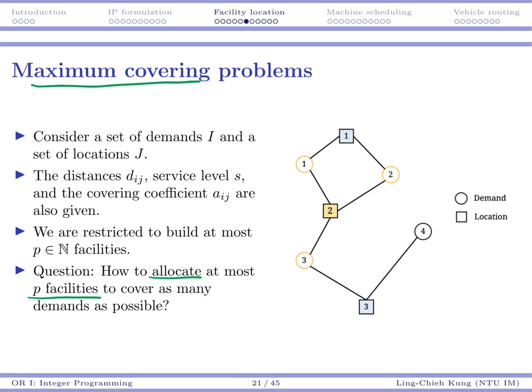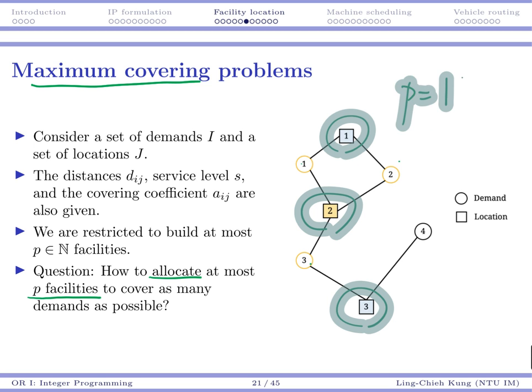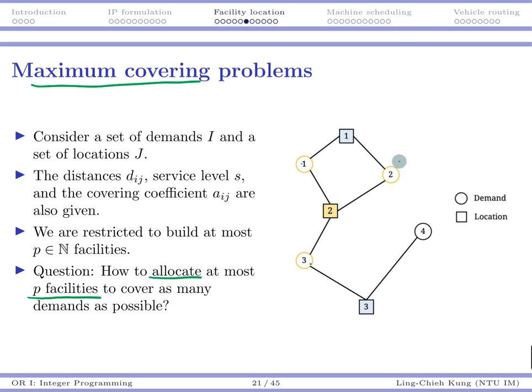So for example, if we are only allowed to build one facility, we're going to build facility 2 because that's the best, since that allows us to cover 3 points. If you build it at facility 1, 2 points. Facility 3, 2 points. So when P is 1, building a facility at location 2 is optimal. What if P is 2?